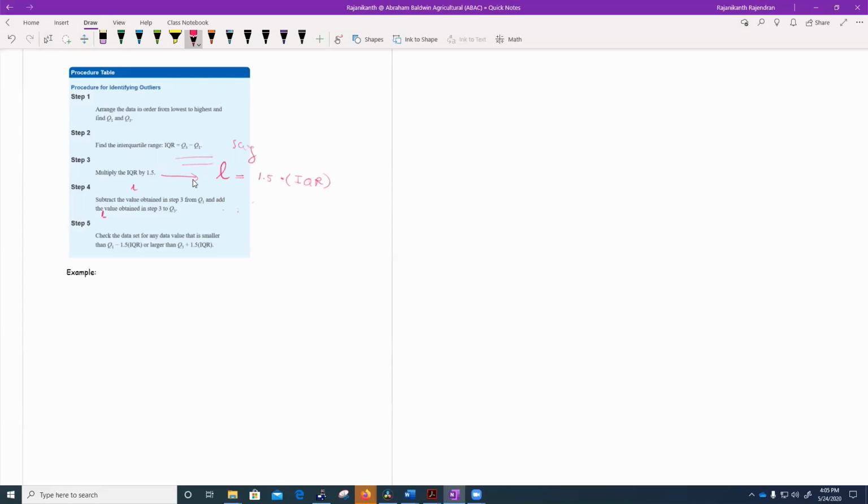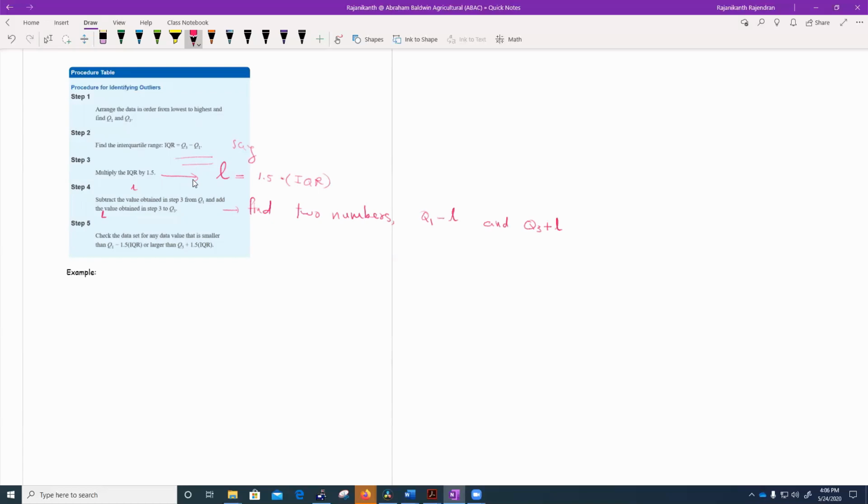That means find two numbers: Q1 minus L and Q3 plus L. You know now L, right? L is nothing but IQR times 1.5.